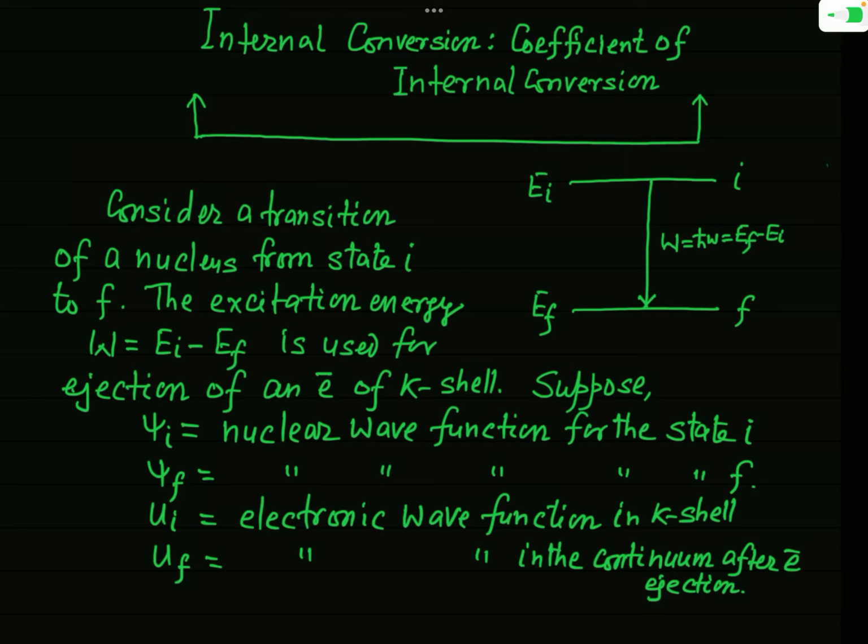It means if you want to know the parity change or the spin change or the structure of the nucleus to some extent, you can gather this information from the coefficient of internal conversion. But in the introductory lecture we saw just a simple definition of this coefficient.